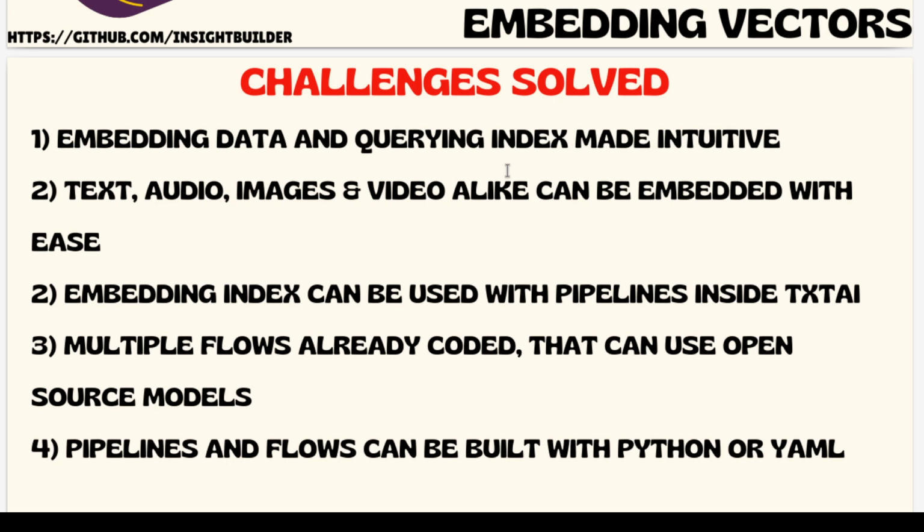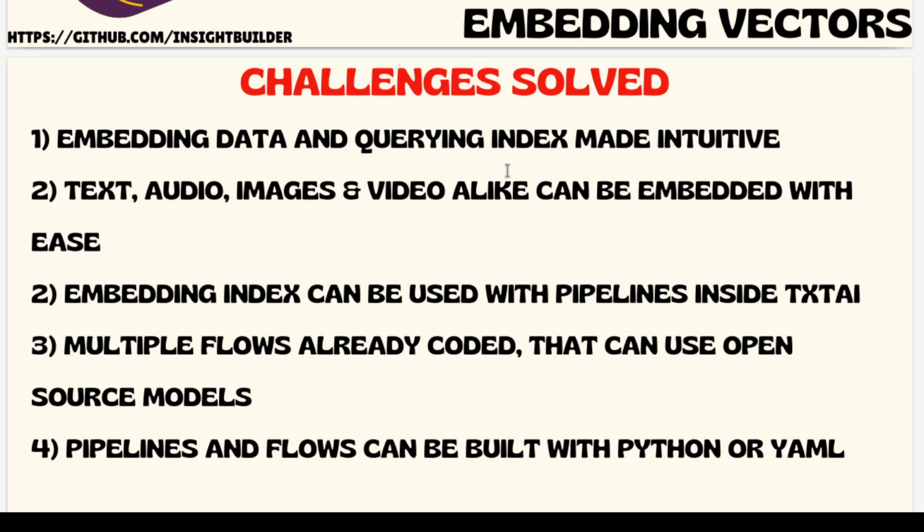As I already mentioned, you can work with not just text alone, you can work with audio, images, and video. Working with audio, images, and video is not as simple as working with text, because for text what you need to do is take the text, read it as a file, and then split it and start sending it into the embedding pipeline, correct?